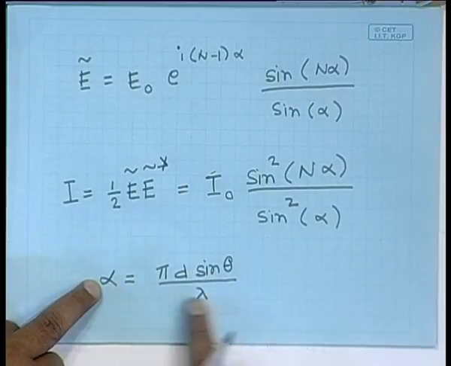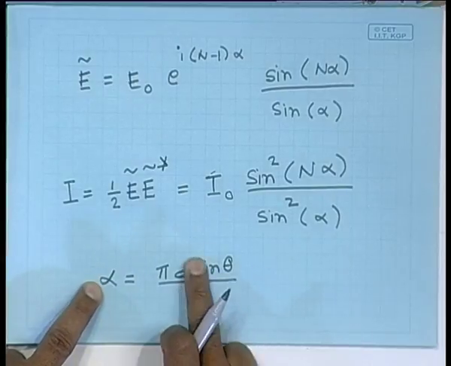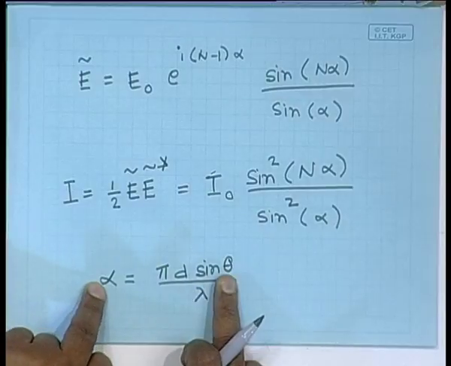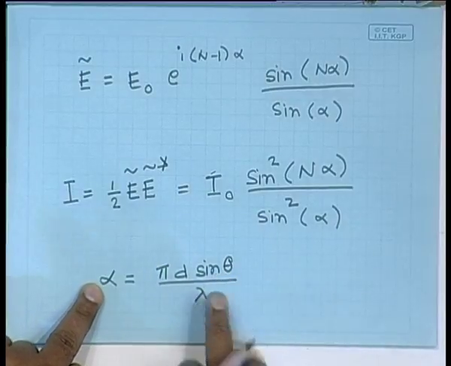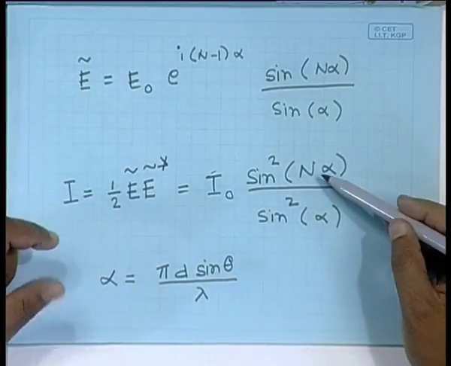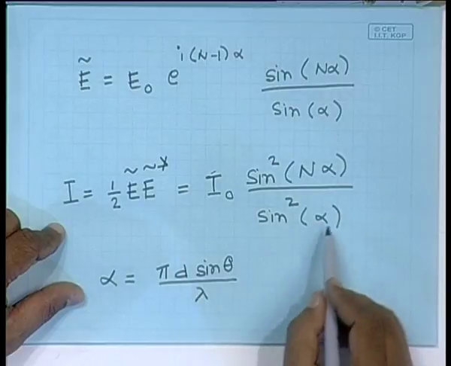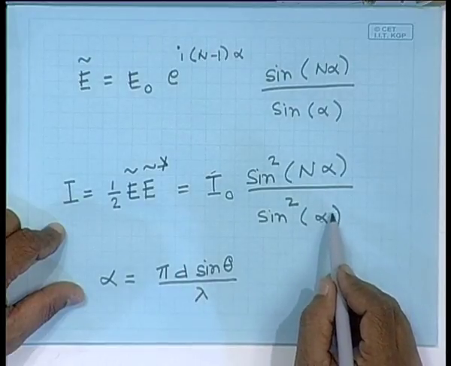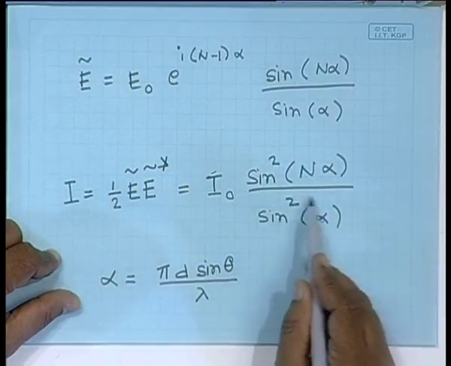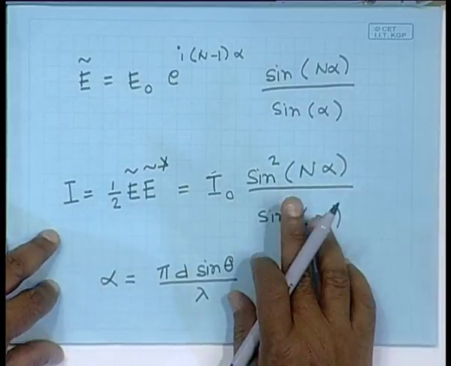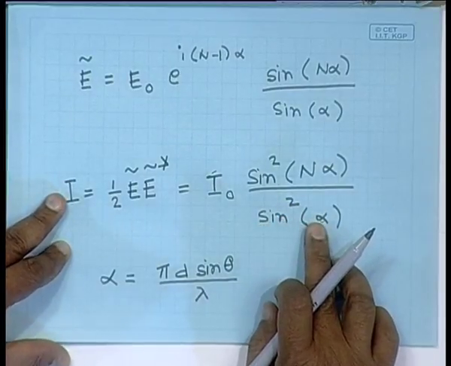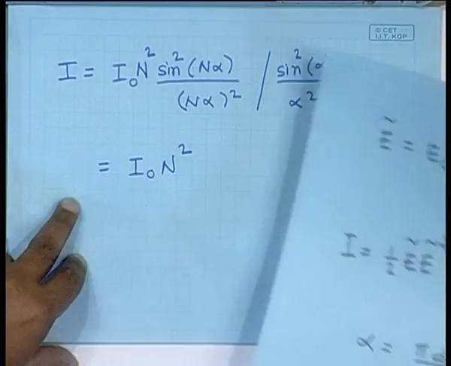So, at alpha equal to 0, this ratio is n square. Now, the denominator, as you can see, is going to vanish whenever sin alpha is 0.